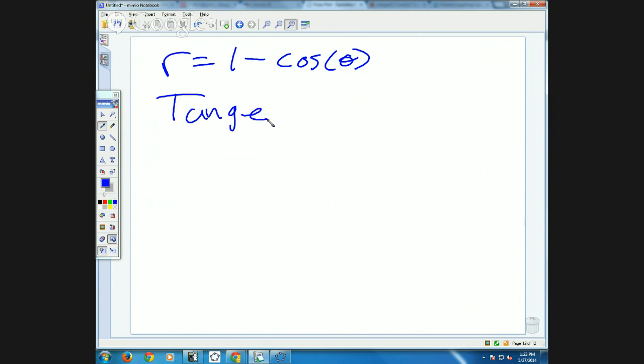Yes, you should write one further out. I want the tangent line when theta is equal to pi over 2.